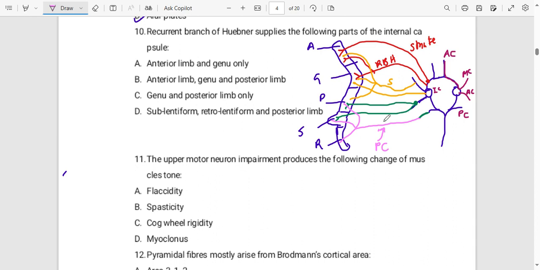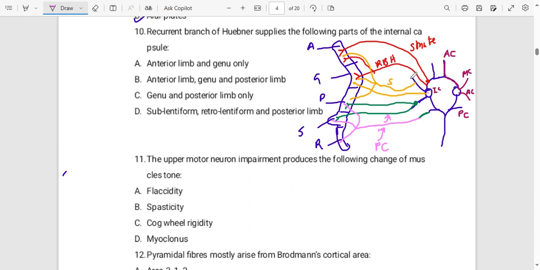And then this one here that we can see, you can see it's coming from the middle cerebral. And sorry, from the anterior choroidal. So this is the anterior choroidal. The anterior choroidal is coming to supply the sublentiform and the posterior limb. A direct branch from the internal carotid is supplying only the genu.